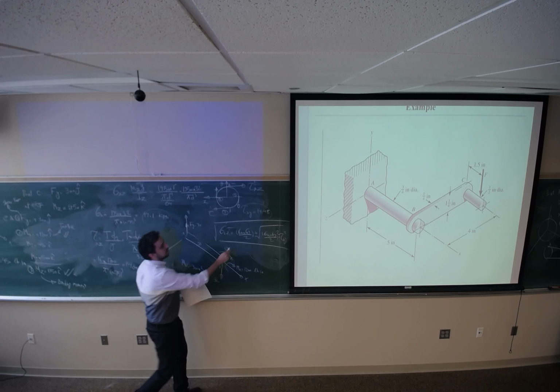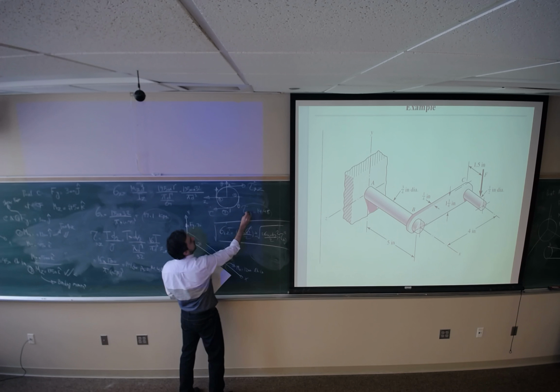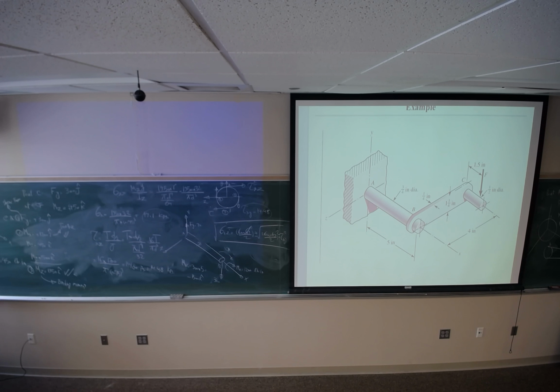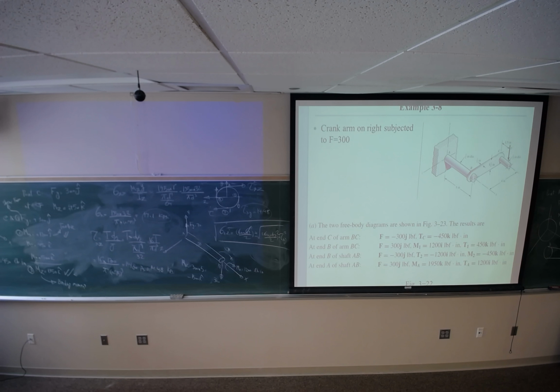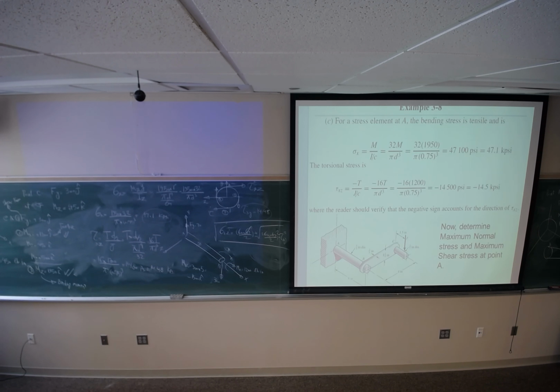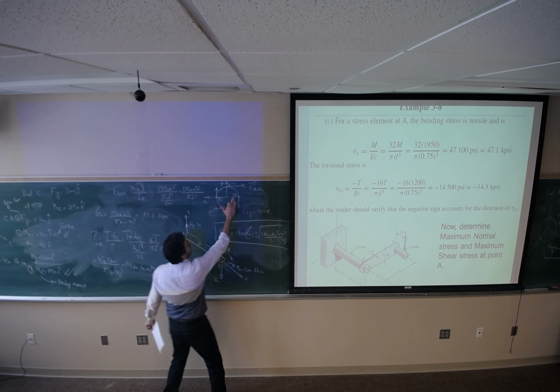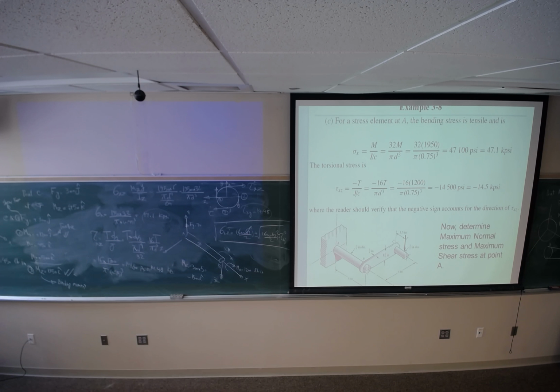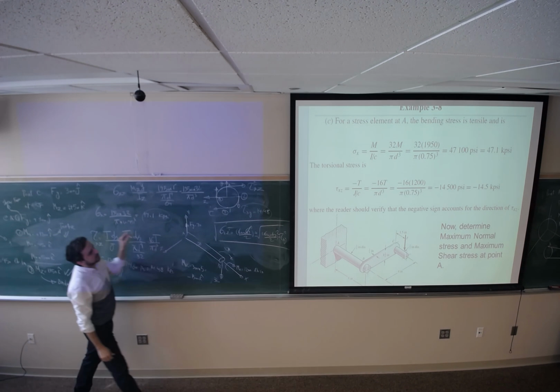So sigma y equals 0, tau is going to be 14.48, and you can calculate for that. Any question on this? So based on the moment and the forces applied to that cross section, I could find the normal stress and shear stress at point A.